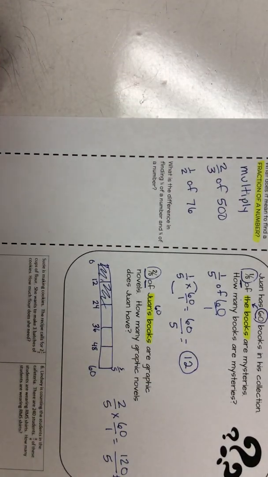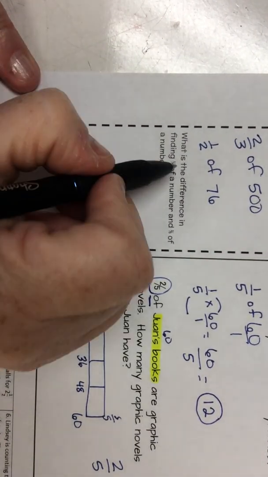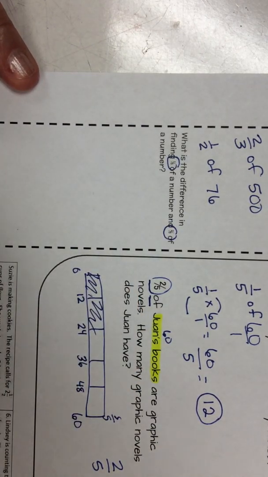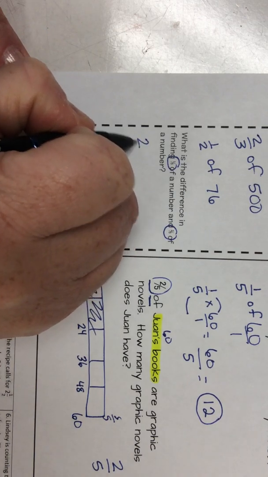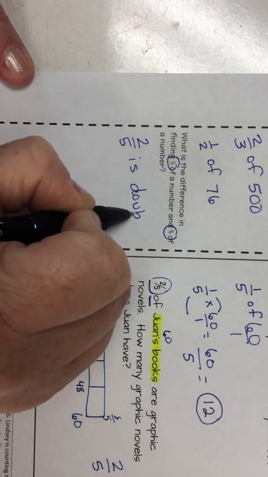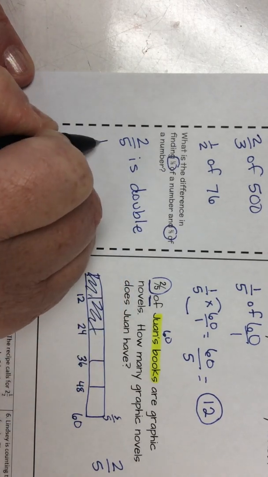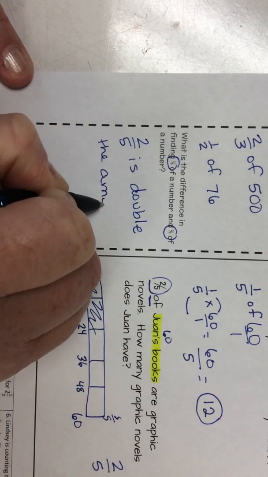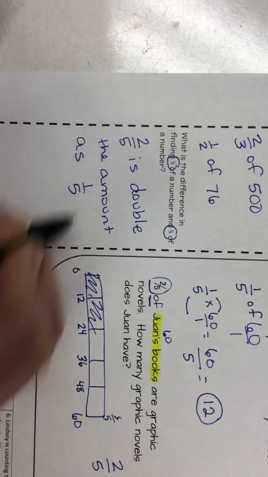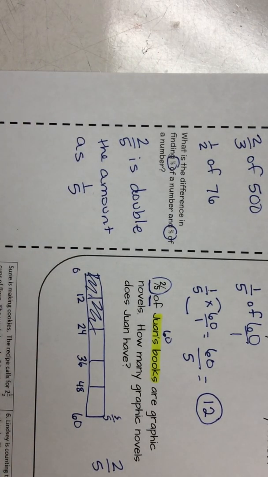What is the difference in finding 1/5 of a number and finding 2/5 of a number? Well, 2/5 is double, and double means twice as much the amount as 1/5. It's double the amount.